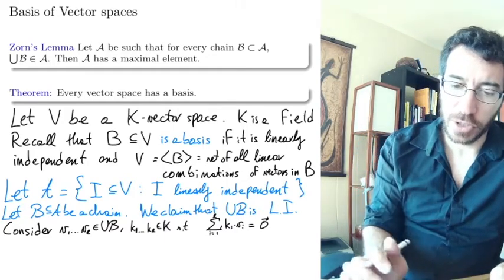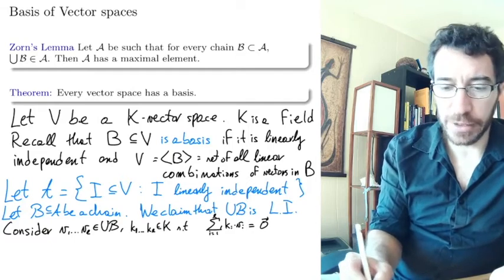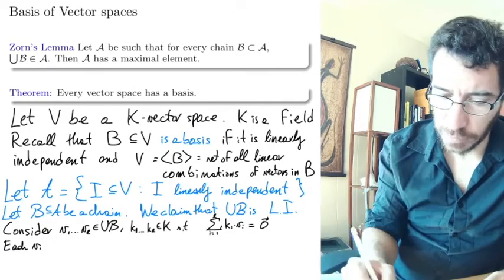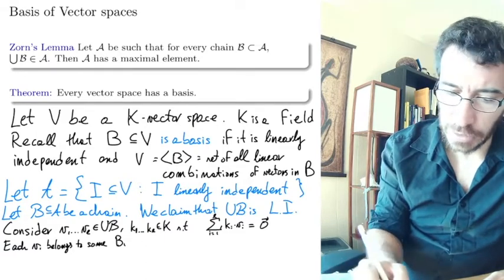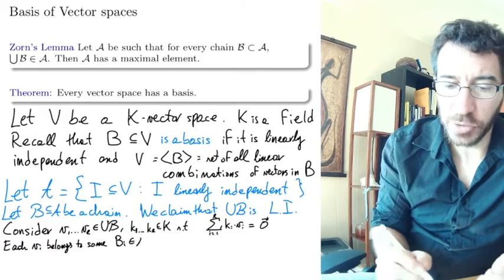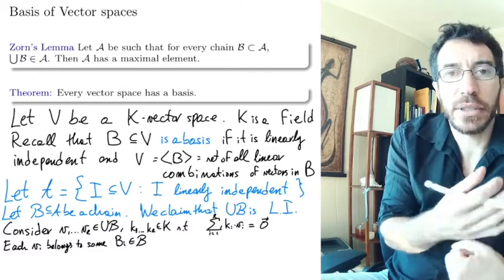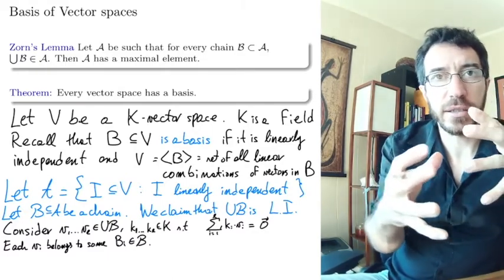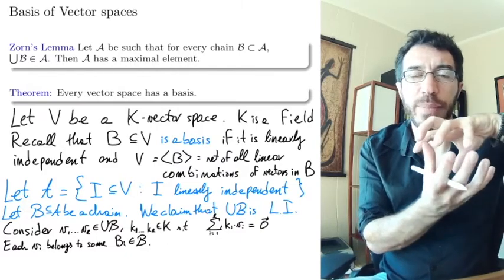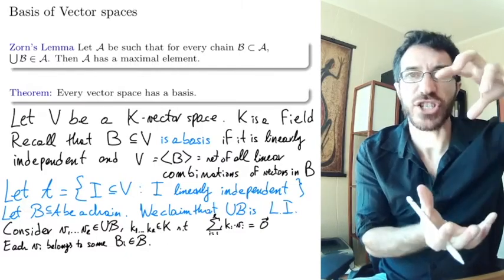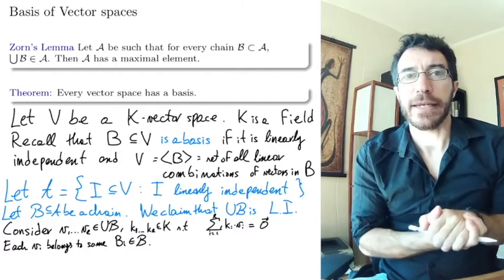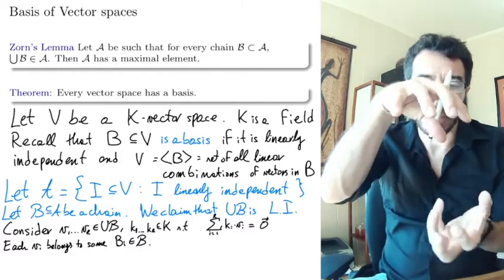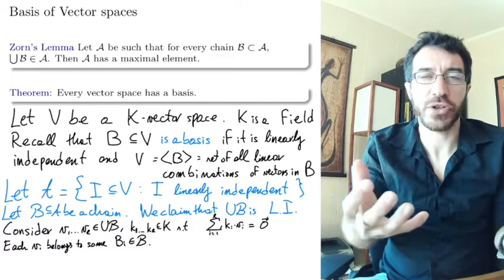Okay, so these vectors belong to the union, right? So each vi belongs to some Bi that belongs to the chain B, right? Because if you belong to the union, you must belong to one of its members. Now, there are only l of these sets, and they're all nested because this collection B is a chain of linearly independent sets. So if you have a chain, for any two elements one is a subset of the other, so there is a largest one.